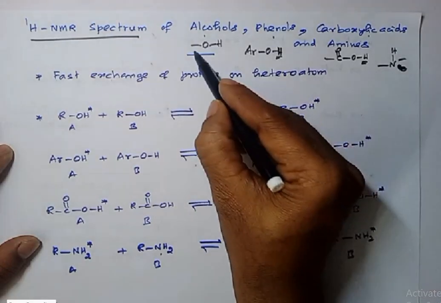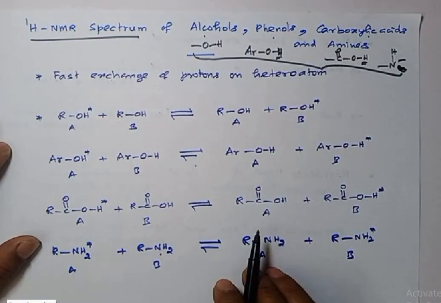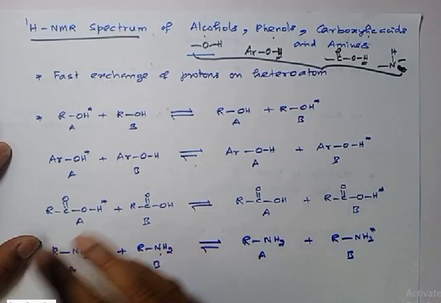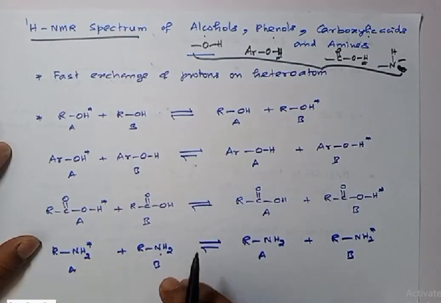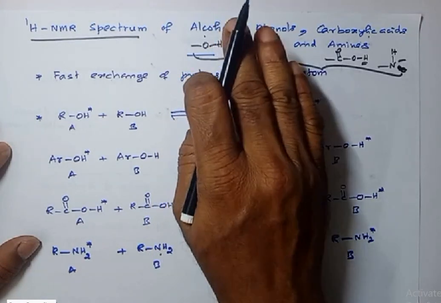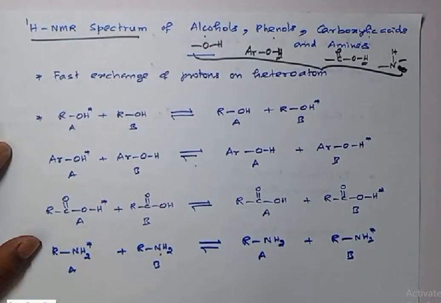Listen carefully. When a hydrogen atom is attached to heteroatoms, then this hydrogen gets exchanged between neighboring molecules. So exchange of proton occurs in these cases. That is why I have chosen this, very important.